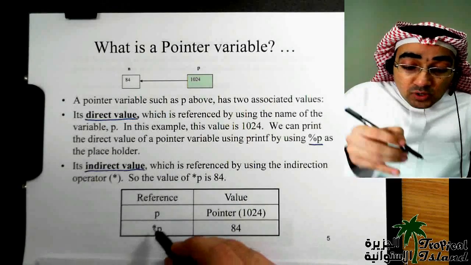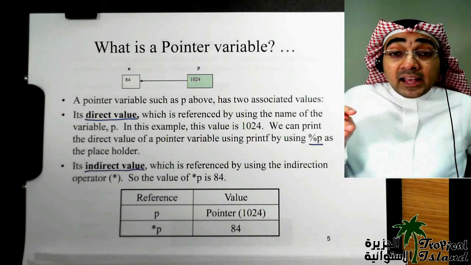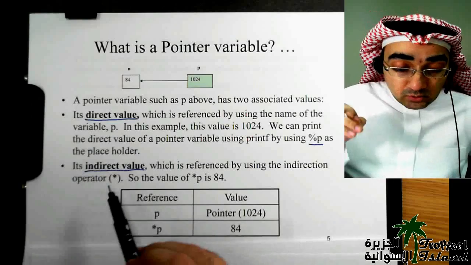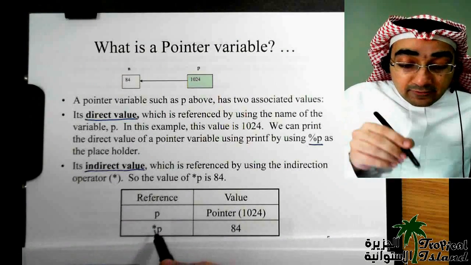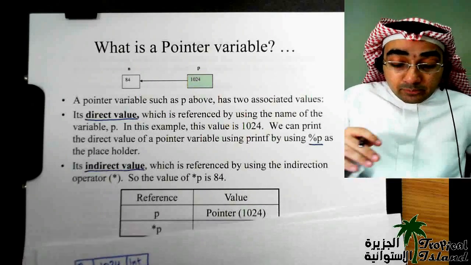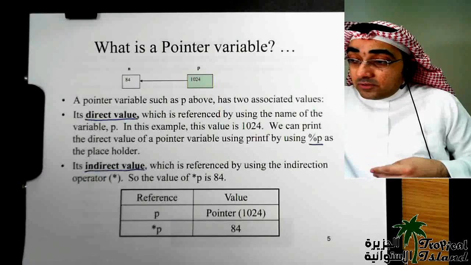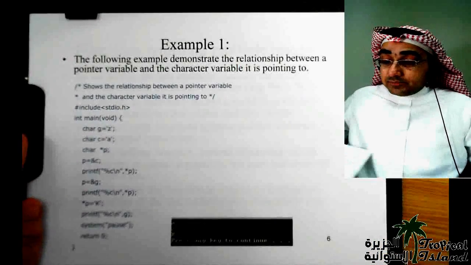I like to call star p the value that is pointed to by p, whereas people call it the indirect value. It's very easy to use, as we will show you in the coming example.